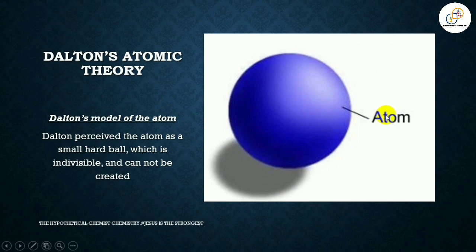That is Dalton's model of the atom. The atom is a small hard ball which is indivisible and cannot be created. That is how Dalton perceived the atom, and it is termed as Dalton's model of the atom.